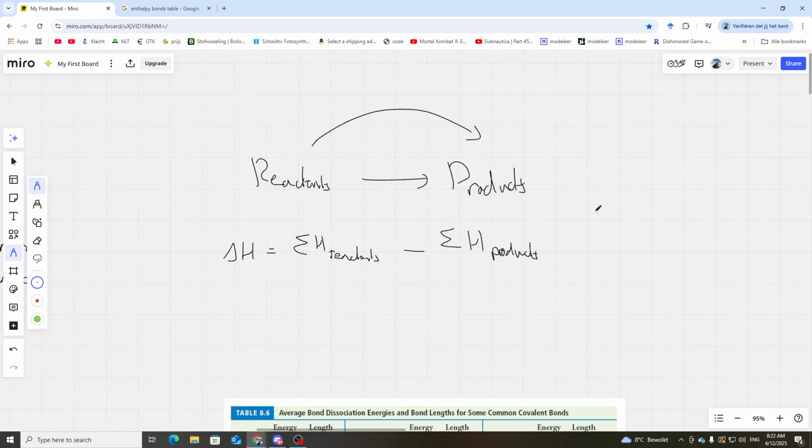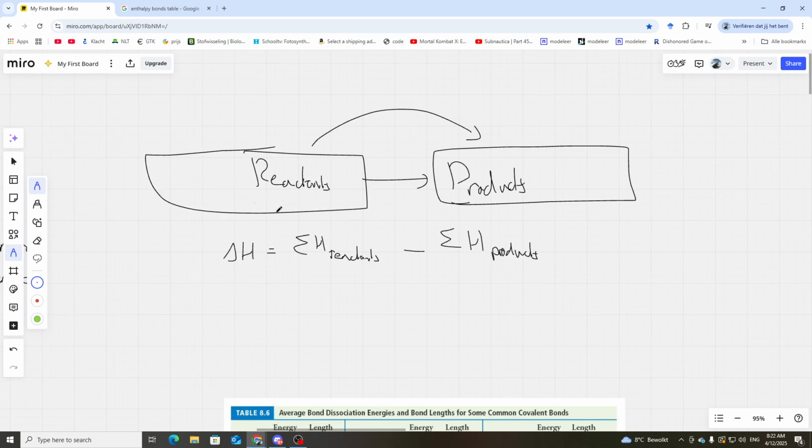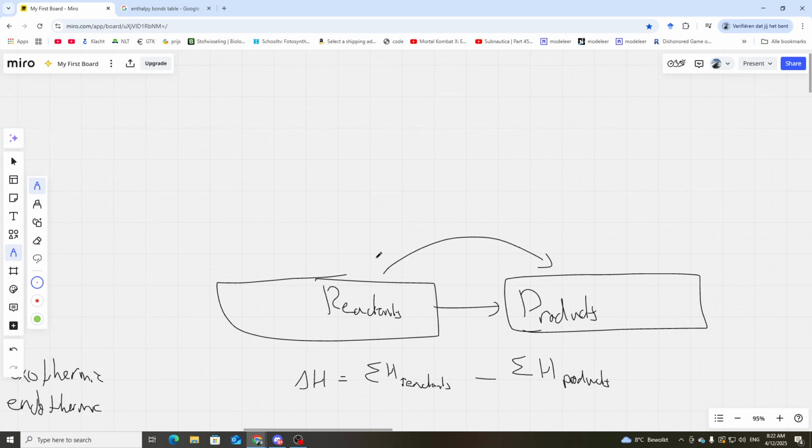Okay, so how do I calculate delta enthalpy? I take the values of all of my products, and I take the values of all of my reactants, and then I do reactants minus products. Okay, so let's say, as a small example here, I have some wood, I add some oxygen to it, and I turn it into CO2 and water.